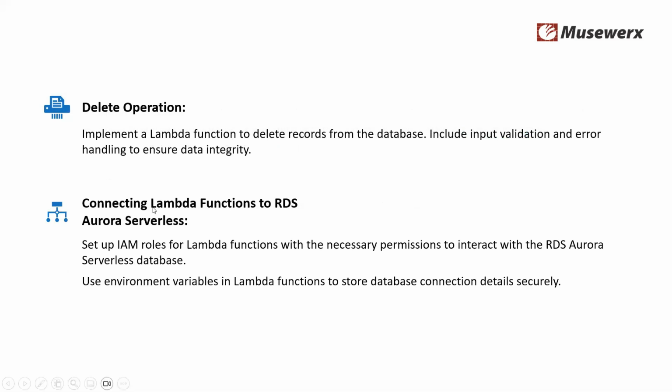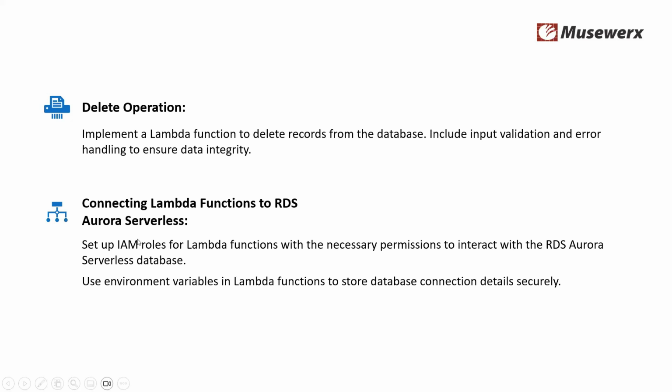So how do we connect Lambda function to RDS? The steps are as follows. Set up IAM roles for Lambda functions with necessary permissions to interact with RDS serverless, and use environment variables in the Lambda function to store database connection details securely. So none of the IAM roles is hard-coded.